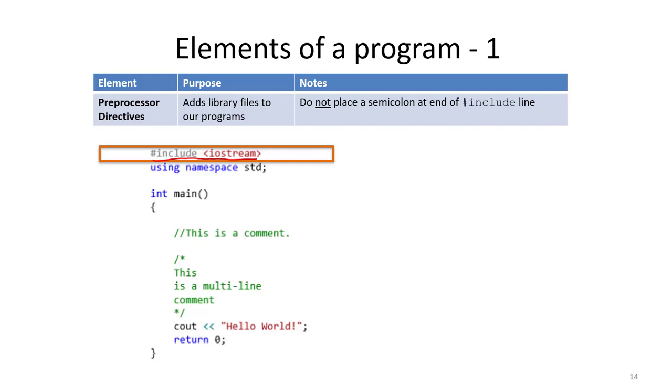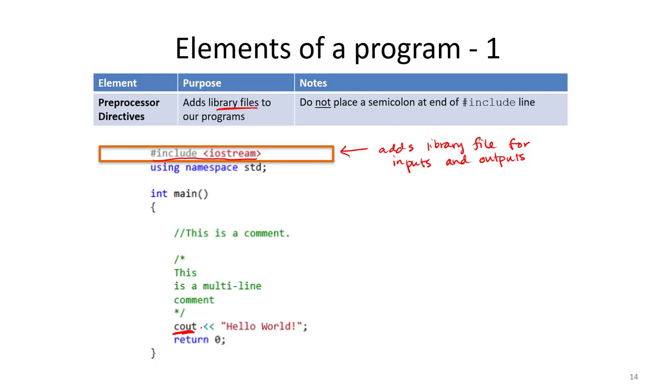What these do is they add what's called library files to our programs. So in the case of include iostream, this adds the library file for inputs and outputs. So basically, this will make sure that when your program is compiled and run, it also includes the files needed to use statements like cout.